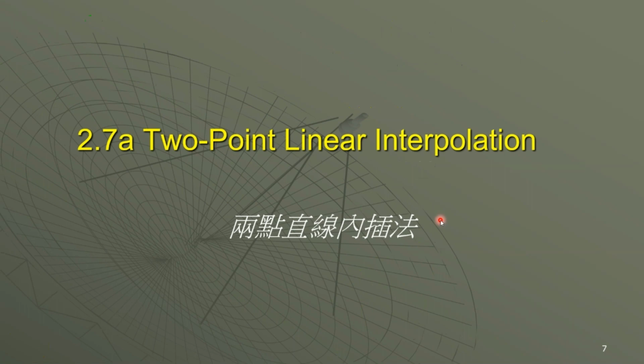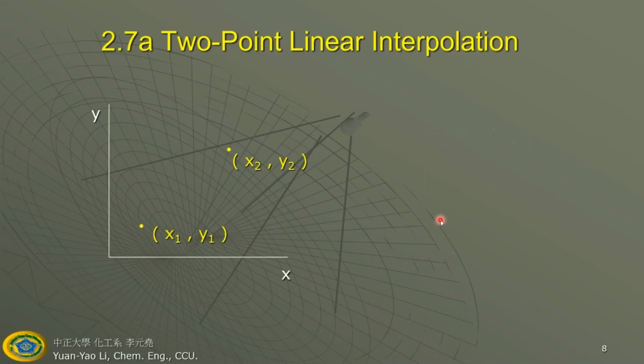Here the simplest way is 2-point linear interpolation. I'm sure you learned this in junior high school. You have 2 points, 1 and 2 here, and then I want to find out the value on this line. I'm sure you know that.